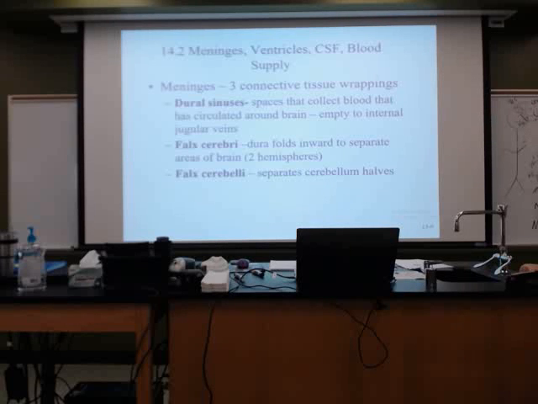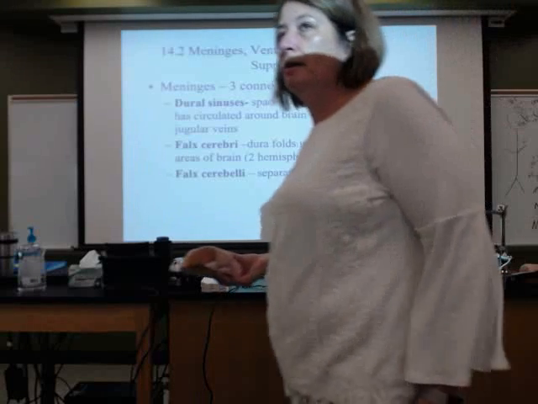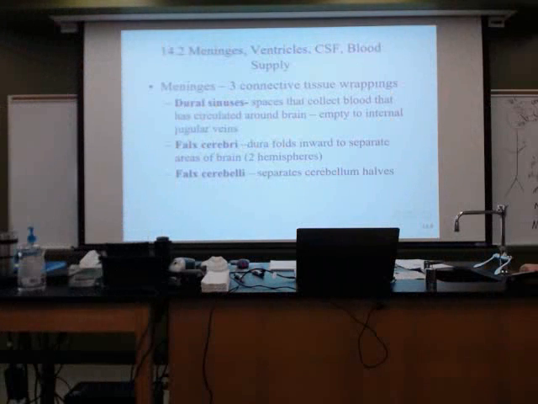If I've got dura mater, arachnoid mater, pia mater, now dural, which one do you think that involves? My dura mater. And if it's a sinus, what does that tell me? Next to the nerves, it's nasal. A cavity, a space.